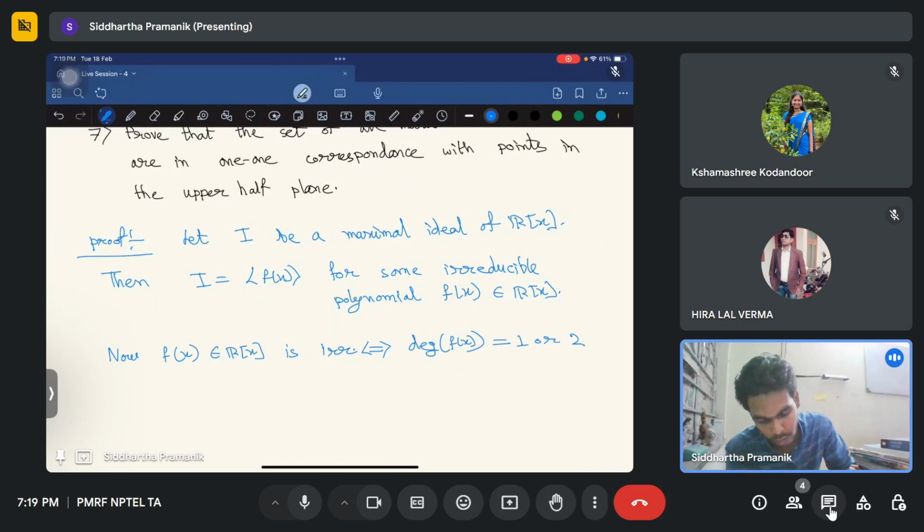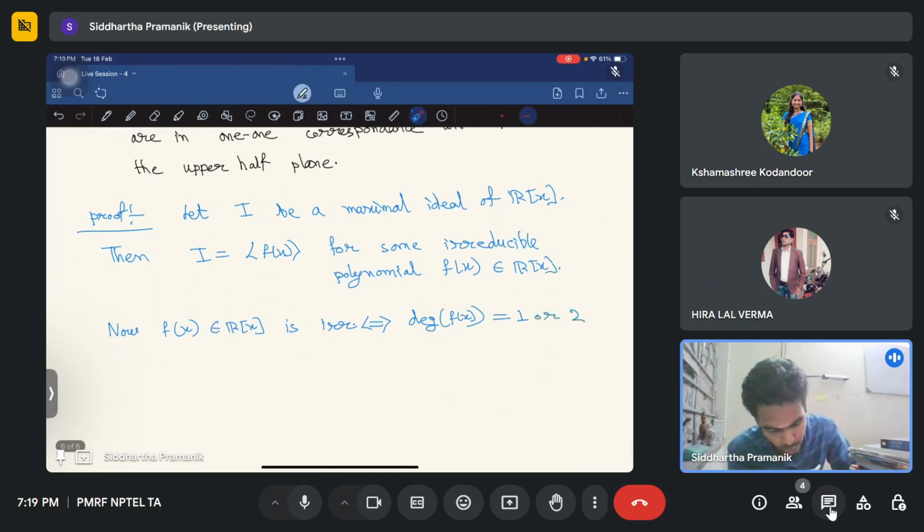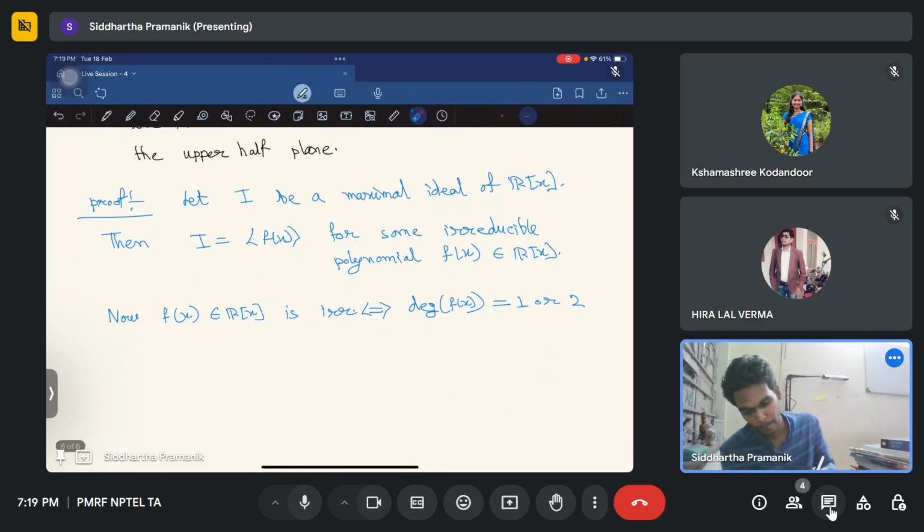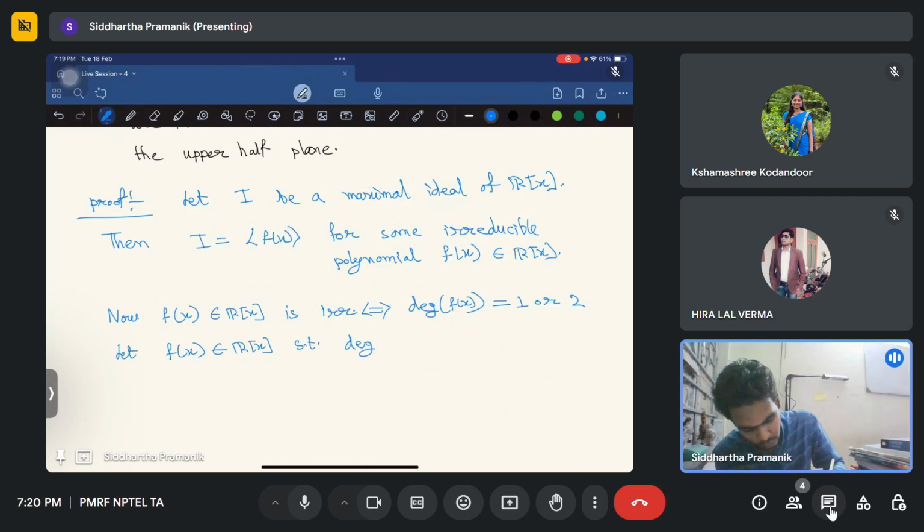So why cannot there be other irreducible polynomials? Let f(x) belong to R[x] such that the degree of f(x) is greater than 2.